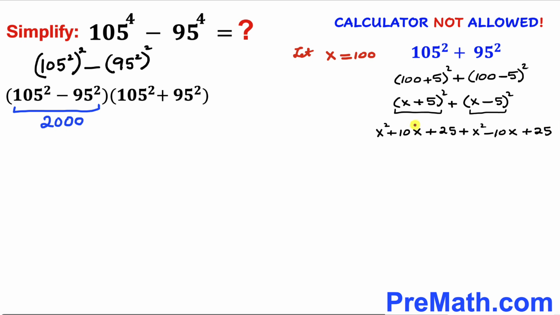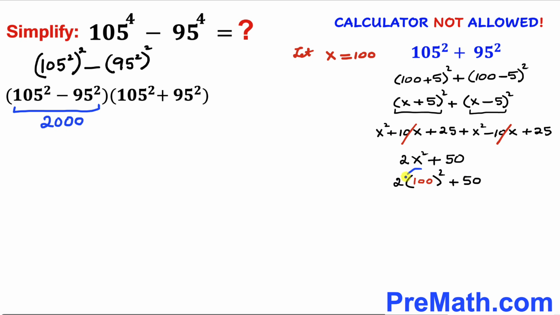And now I can see positive 10x, negative 10x, they are gone. So therefore, we are ended up with simply x squared plus x squared. If we combine them, we are going to get 2x squared plus 25 plus 25, which is going to give us 50. And now we know our x value is 100. So I'm going to substitute x value 100 over here, as you can see in this next step.